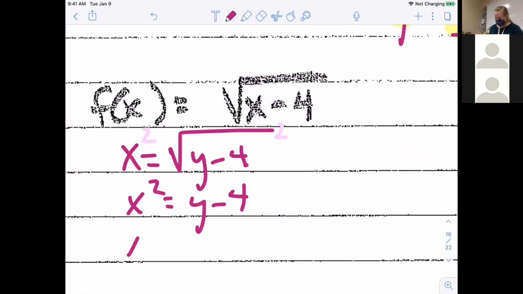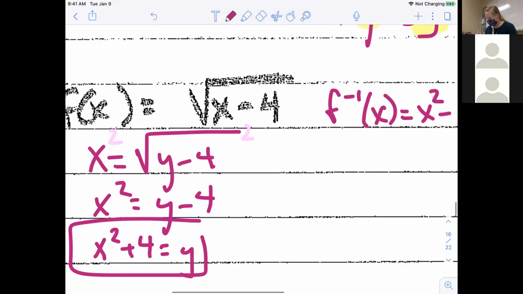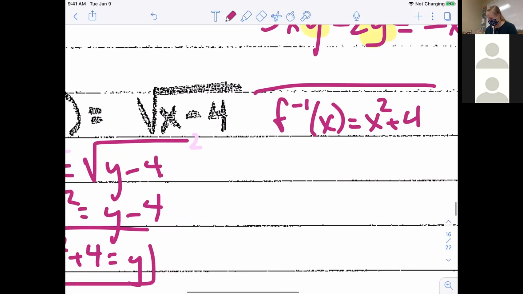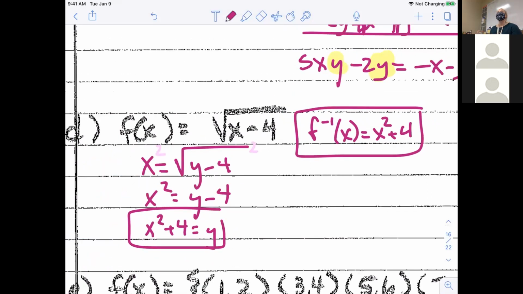Add 4. All right, we just did 4 examples. To find the inverses algebraically, you switch your x and your y's, and then you solve for y.